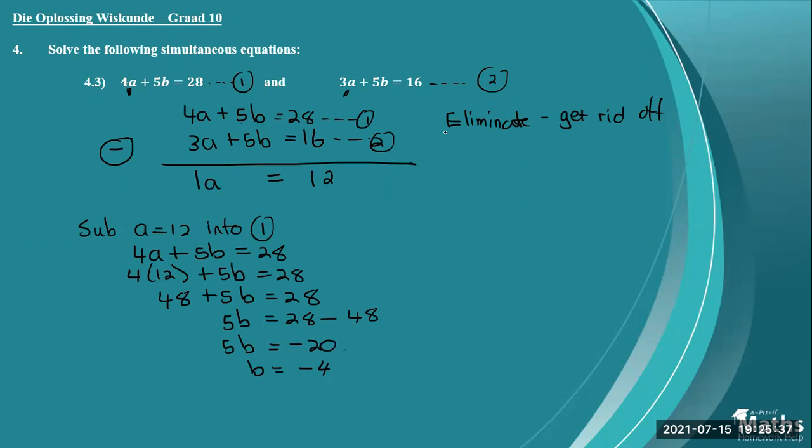Right, let's test. So B is equal to negative 4. Let's quickly test and see if it's going to be right. Left-hand side, 4A plus 5B, and the right-hand side. I just want to make sure I've got it right.